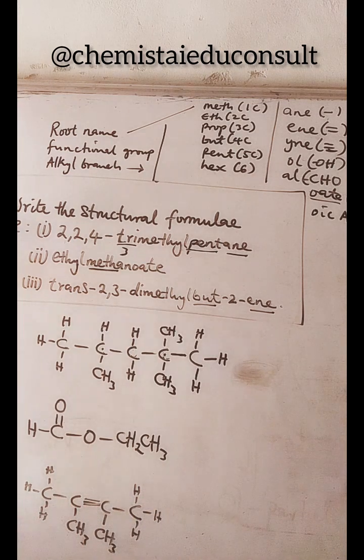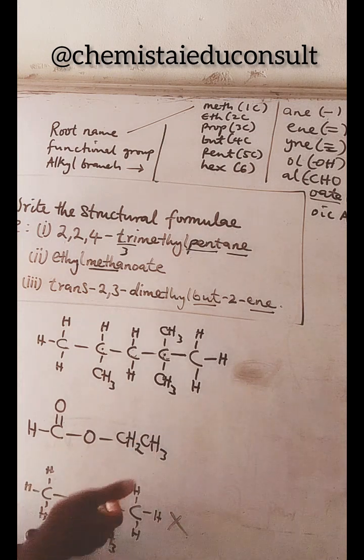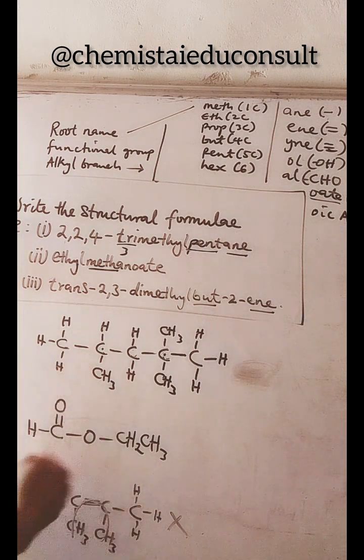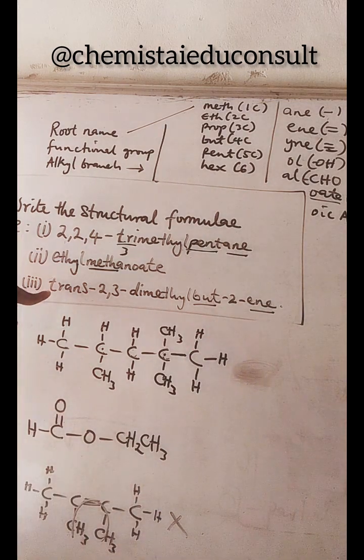Now, if you look at this structure, the methyl groups are on one side, meaning they are in cis arrangement. Therefore, this structure must be drawn in a way that the 2 methyl groups are in trans arrangement, meaning 1 is up, 1 is down, trans. But if 2 of them are below or up, it is in cis arrangement. So this structure must be trans.